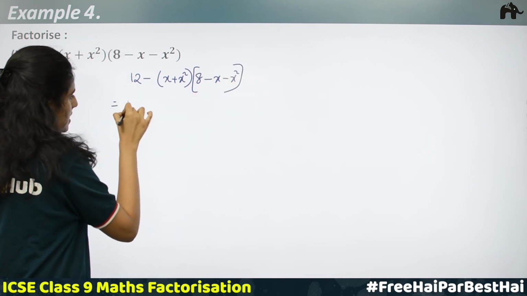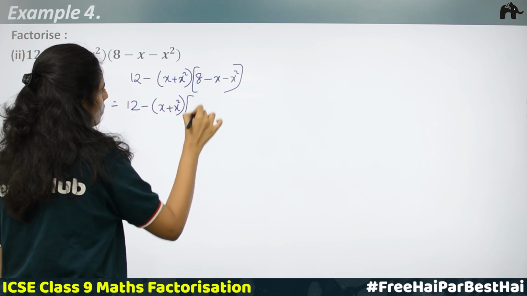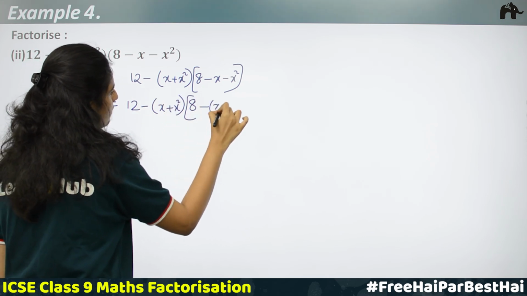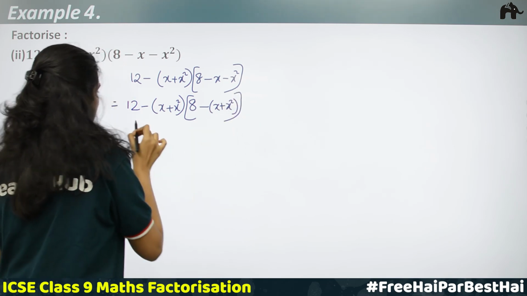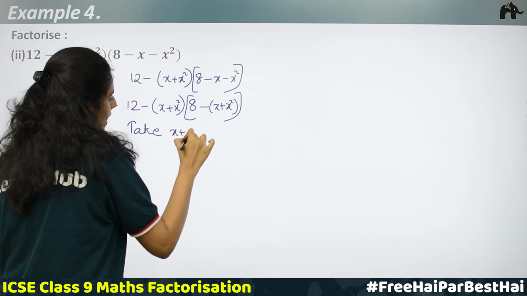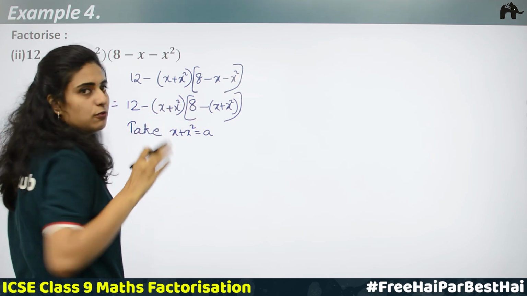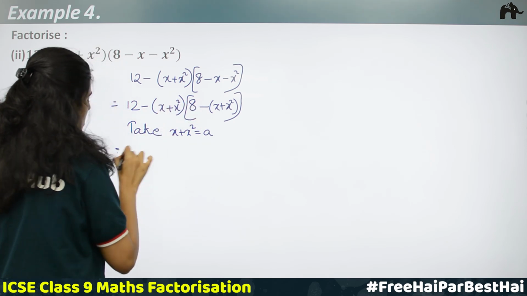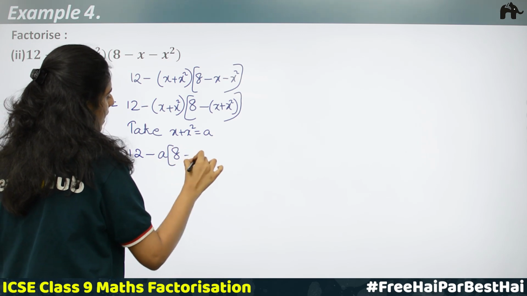This can be written as 12 minus x plus x square into 8 minus of x plus x square. Okay, I am taking out the negative sign. Now, what we are going to do is take x plus x square is equal to a. To just convert this into simple form and solve it. Okay. So, this is equal to 12 minus a into 8 minus a.